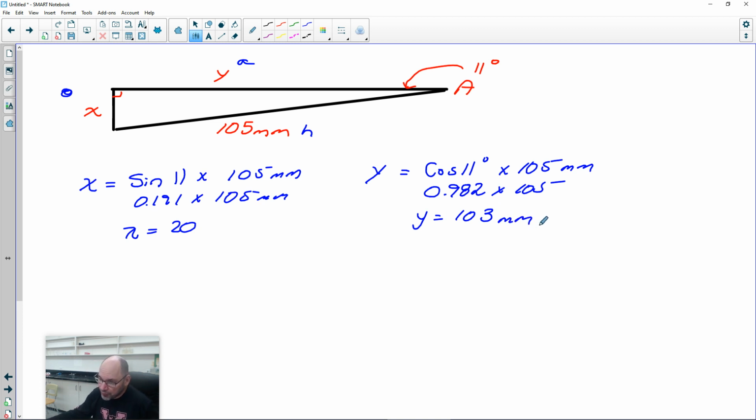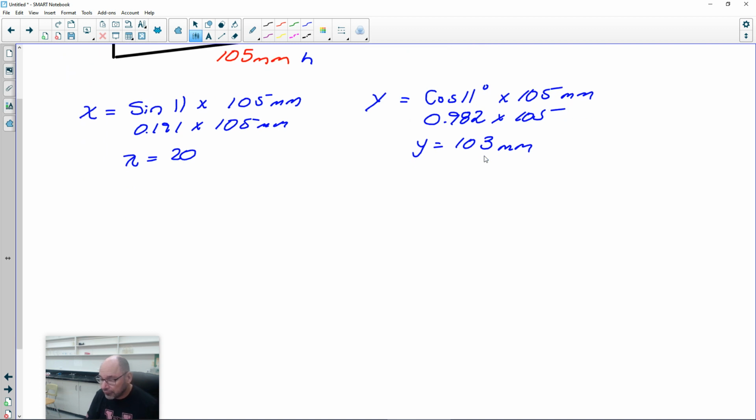Probably next day we're going to be looking at combining everything together. Okay, let's kind of sneak one more in here. Let's say we had this one.